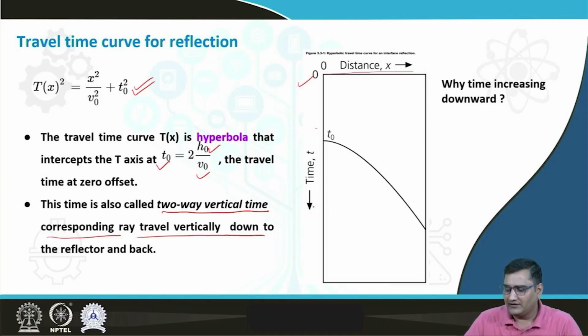There is one more reason to keep time increasing downward: we want our reflection hyperbola to be clearly visible as you go deeper down. And as you go deeper, since the velocities are increasing, the hyperbola will become flatter and flatter.